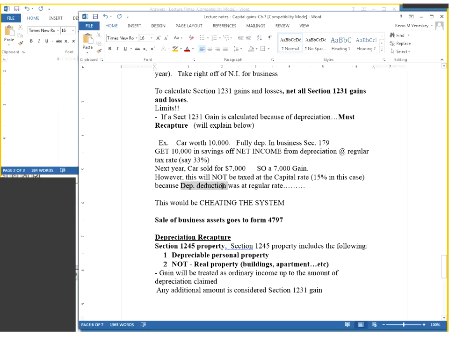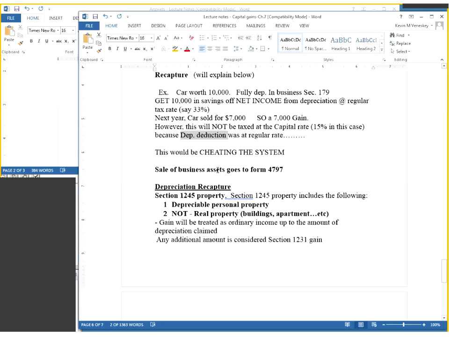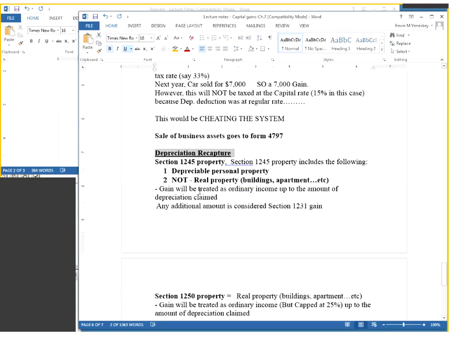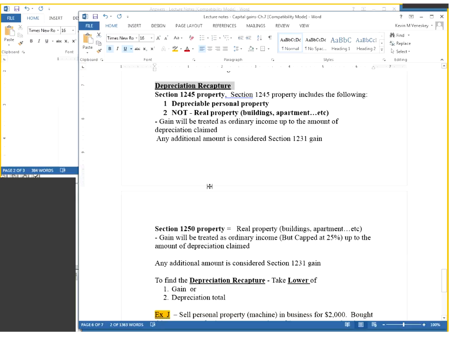Because you got to deduct the depreciation at your normal rate, saving 33%, but you're only going to add back that $7,000 gain at 15%. That would be something like cheating the system. So the tax rules came up with this depreciation recapture.